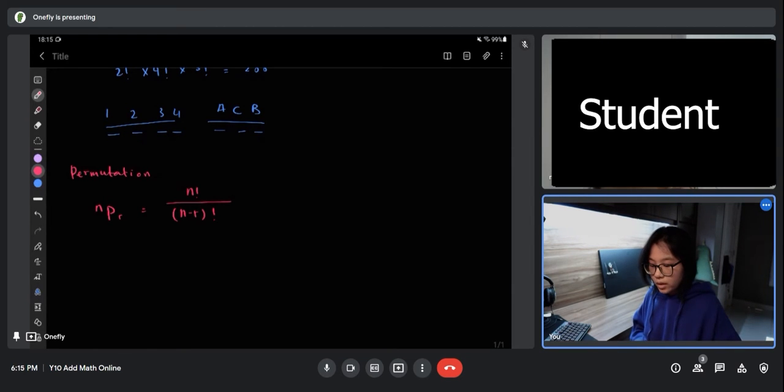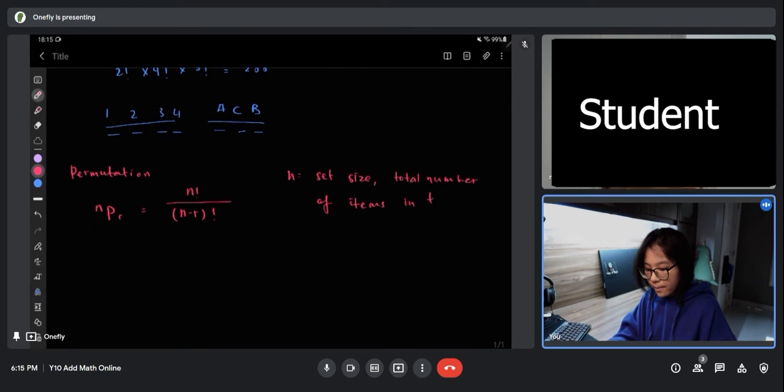And so on. Right? Whereby n is your set size, or the total number of items in the sample, which is what the questions will normally give you. In total there are 7 books, in total 7 characters, and so on. r is your subset size, which is the number of items to be arranged.